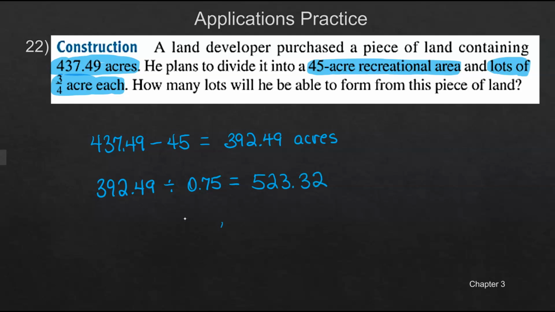And then we would have to say we can get 523 lots that are a 3/4 of an acre size. And then, of course, we also had the 45-acre plot that's going to be the recreational area. But it said how many lots will he be able to form, right? And so that's our answer.